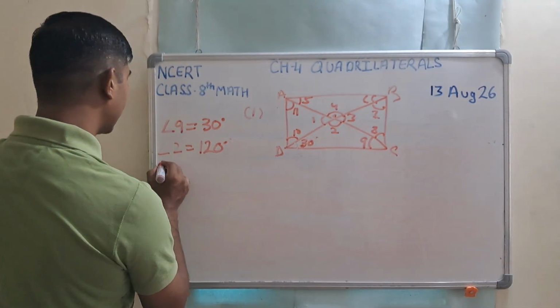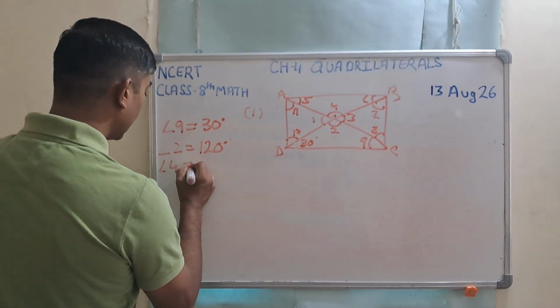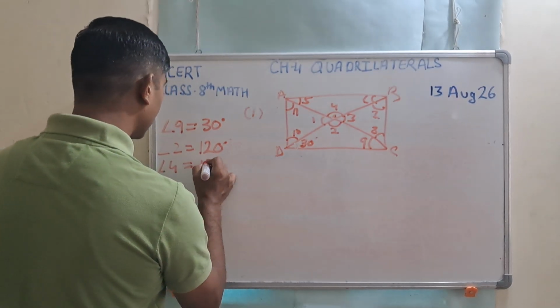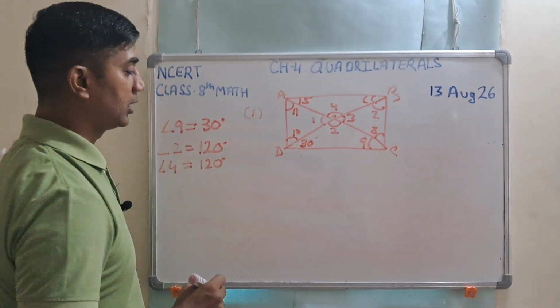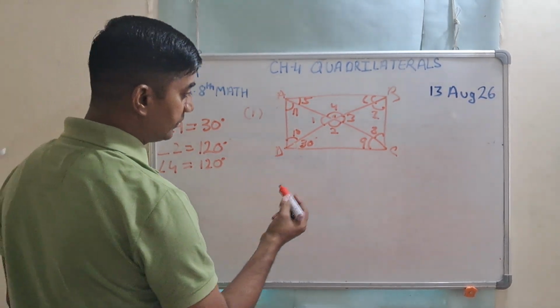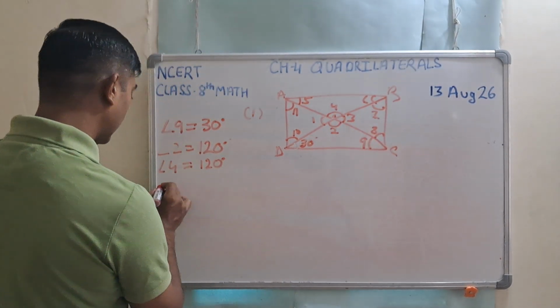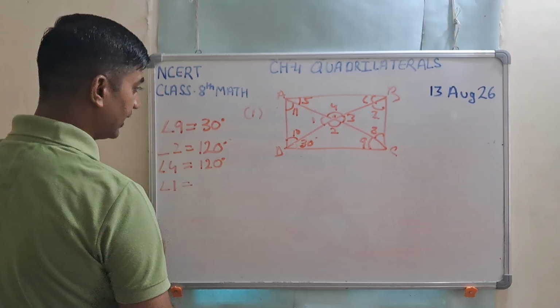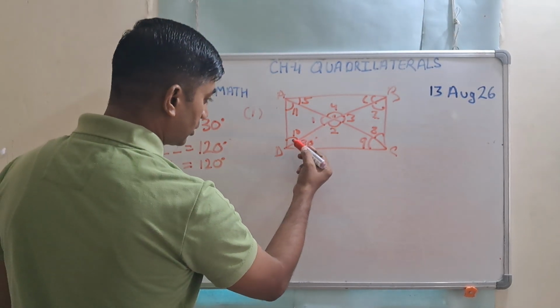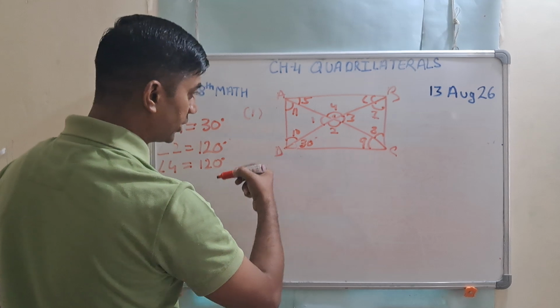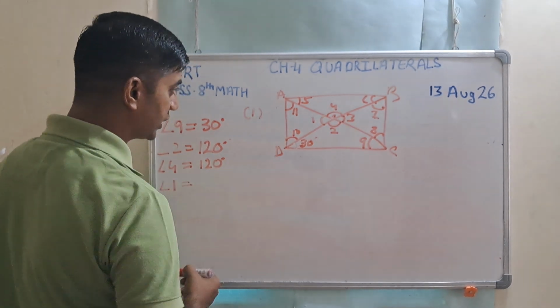Now angle 4 is a vertically opposite angle. So angle 4 is also 120 degrees. Understood? Now we will find angle 1. What is angle 1? This is a straight line, and O is the point of intersection, and angle 4 is 120.